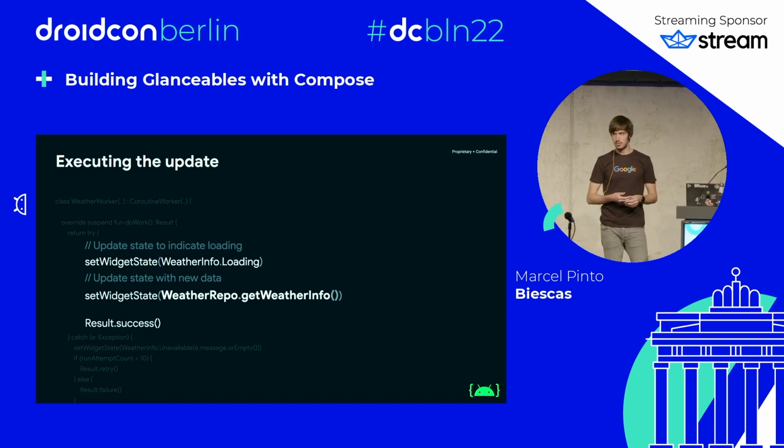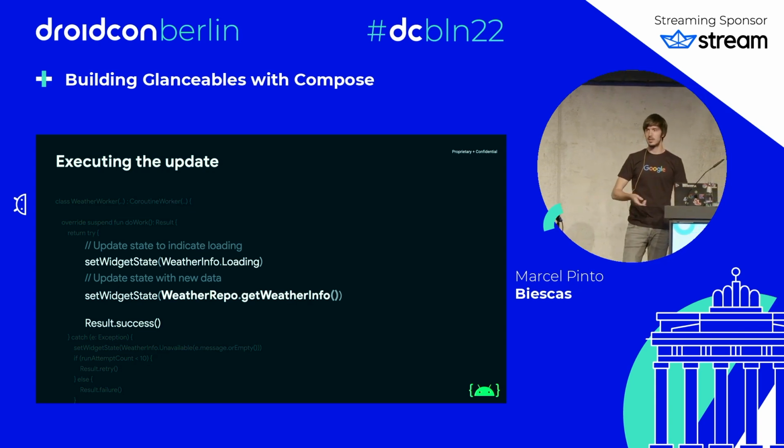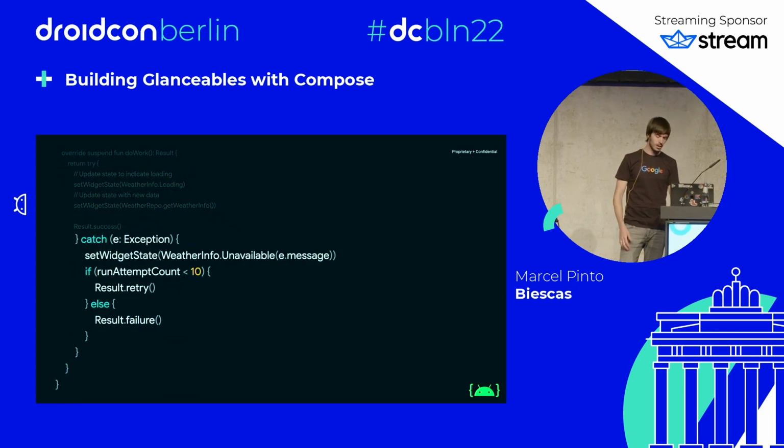Once we retrieve this information, we call setWidgetState again to update the state and the UI, all done through the same CoroutineWorker. Of course, if something goes wrong, we may want to display some error message and then benefit from the exponential backoff mechanism that WorkManager has to safely retry the worker.